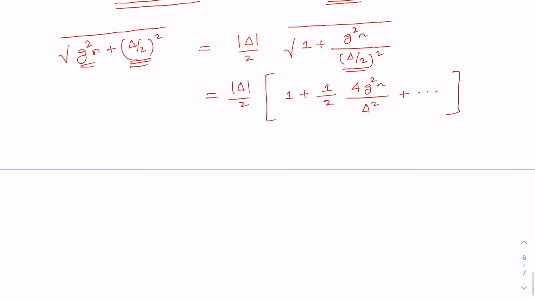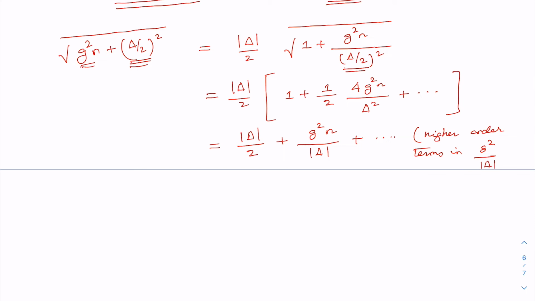But as you will see, because of the condition that we are having, all the higher order terms we can neglect to a good approximation. Then the first term would be mod Δ by 2 plus ζ squared n by mod Δ, and then we have here all the higher order terms in ζ squared by Δ.